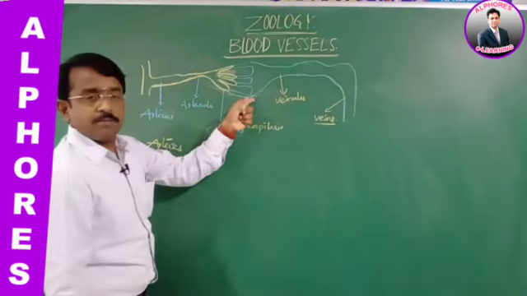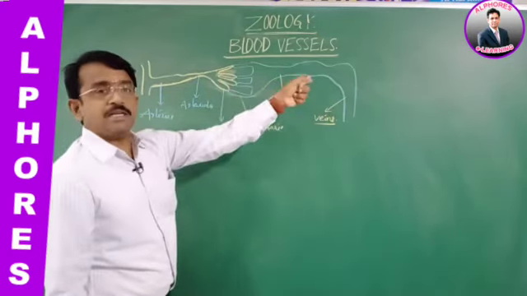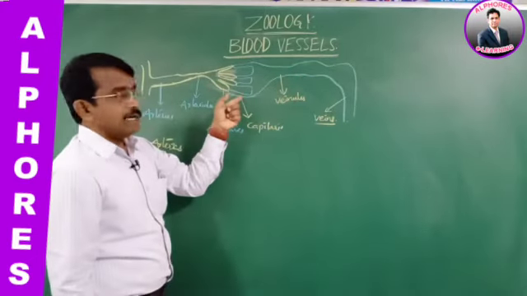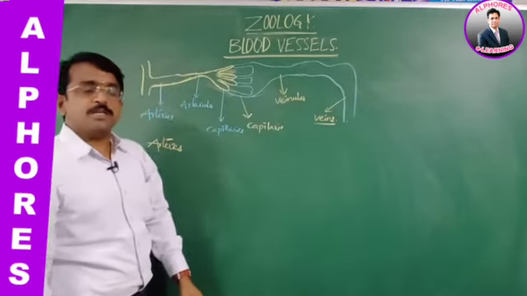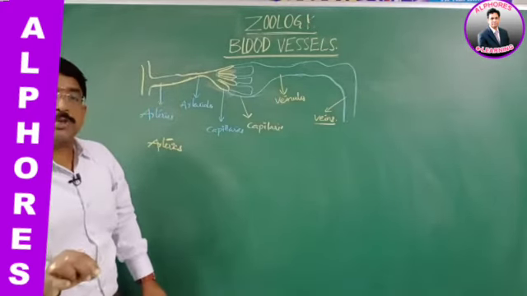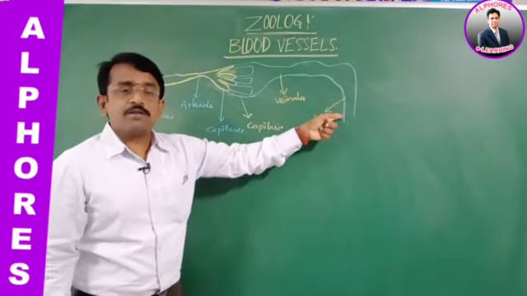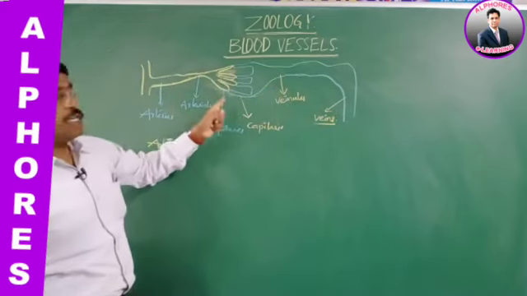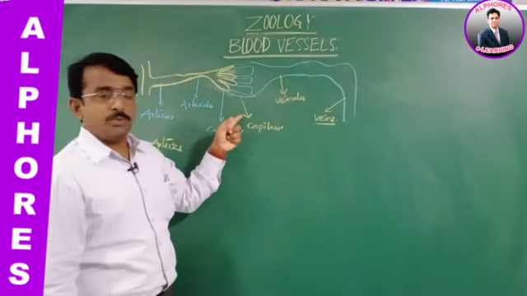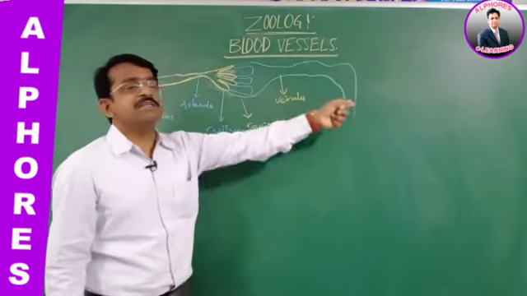And look at here: the veins start with an increasing diameter, that is capillaries, venules, and veins. So arteries end in tissues, whereas veins start with the tissues.